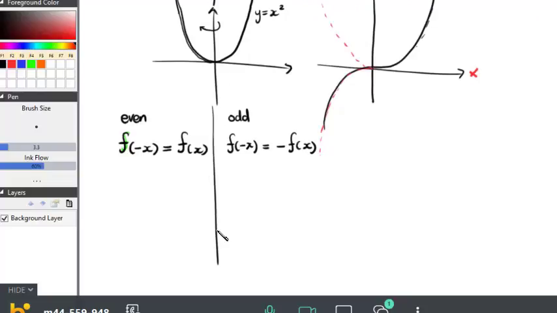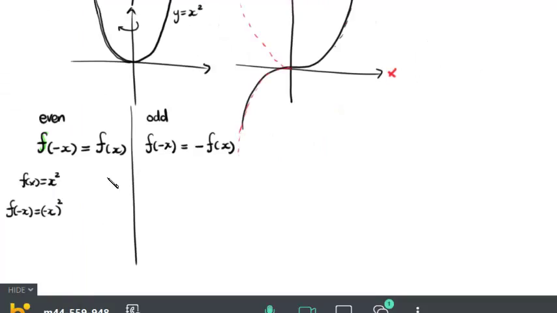So f of x is equal to x squared. We're going to start with f of negative x. That's equal to, you put negative x into the x right here. So of course it's the square of the negative x now. Negative squared, the negative cancels out.